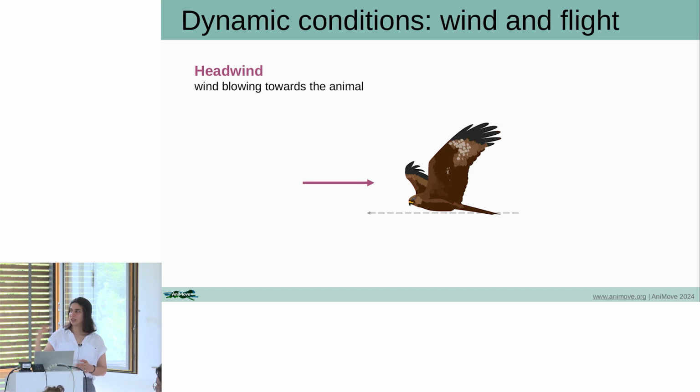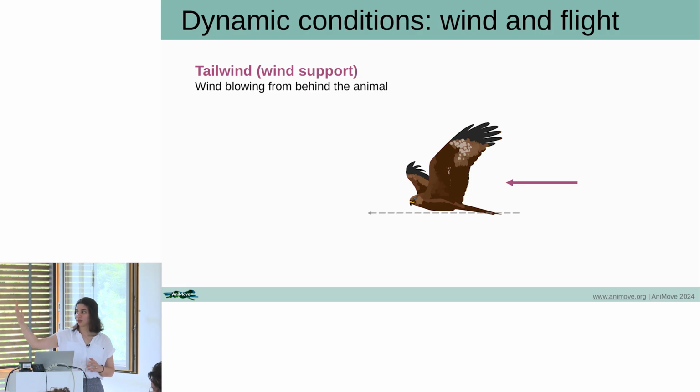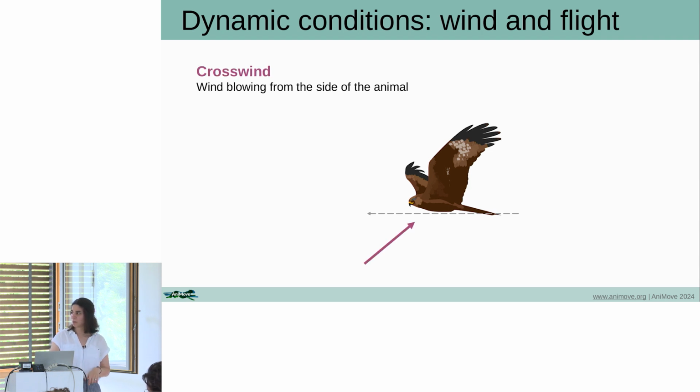As I mentioned earlier, headwind is wind blowing towards the animal. It creates more energetic costs for flight. But if you have tailwind or wind support, then it helps the animal move faster, so it's good. Crosswind, wind blowing from the side, can blow the animal off of its course.